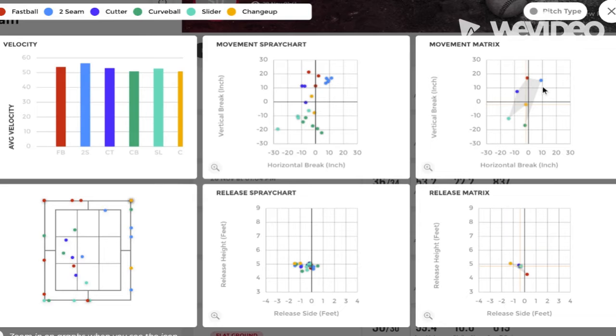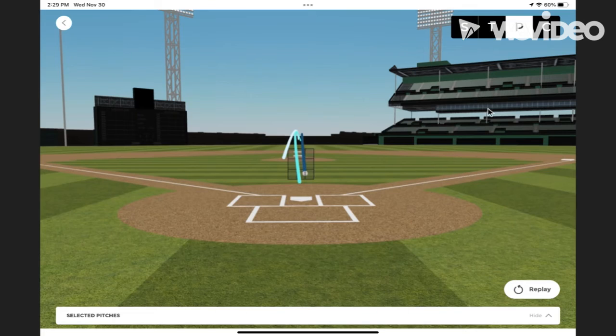Curveball dives straight down, nearly 20 inches. And we have the slider, which drops 10 inches and curves that way almost 15, which is crazy. This is incredible data. This is everything that I could have ever asked for.